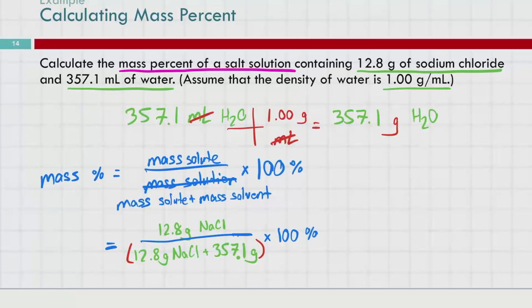Done correctly, this should give you an answer of 3.46% sodium chloride. If you did it wrong, it's something like 35,700% sodium chloride, which hopefully sets off alarm bells in your head, because this should never be a number above 100%.